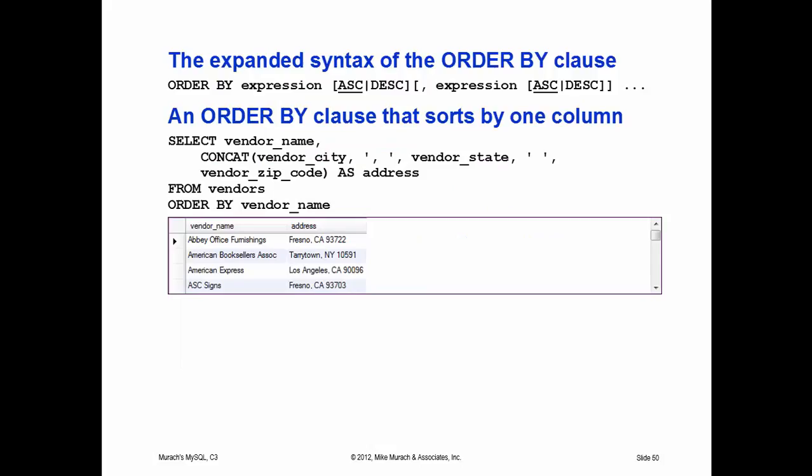All right, we've looked at the order by already. Notice that the ASC here, if I grab this one right here where I say order by vendor name, I can put ASC there, meaning that it's ascending, but that's redundant. I can do it, it doesn't hurt anything, but it's redundant to put that in.